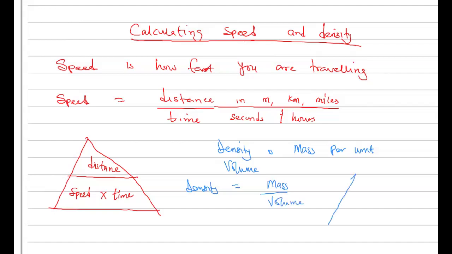And this is a triangle. Density times volume, that is the mass. You see the mass on top there. So that is how it is.